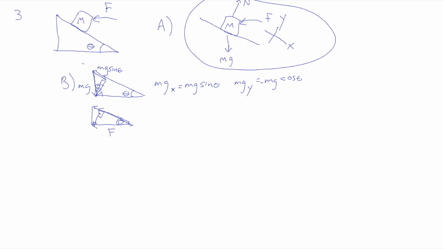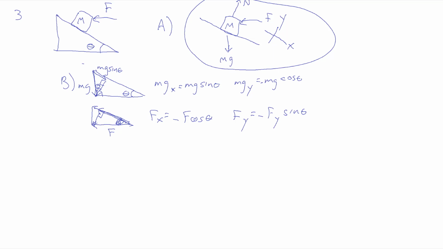This one's a little bit easier because I already know the angle theta. So the pushing force has an x component, negative F cosine theta, because it's pointing in the negative x direction, and its magnitude is the adjacent to that theta, and has a y component, which is also negative, F sine theta.